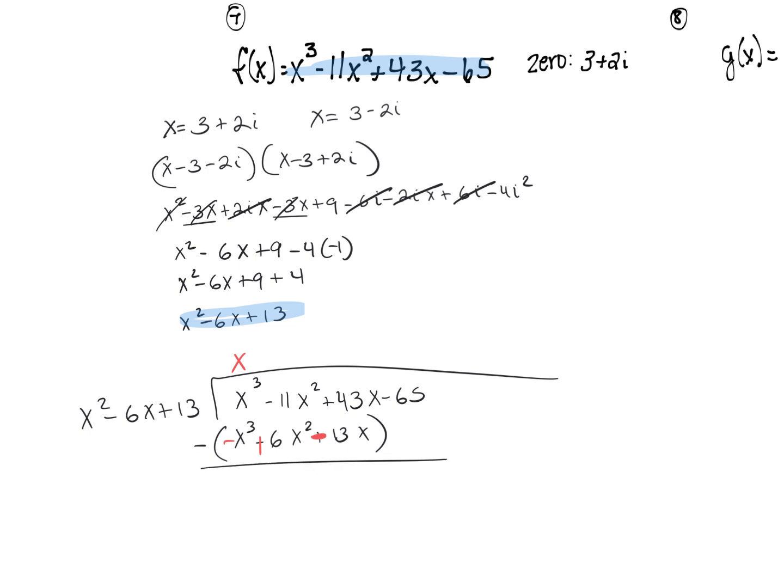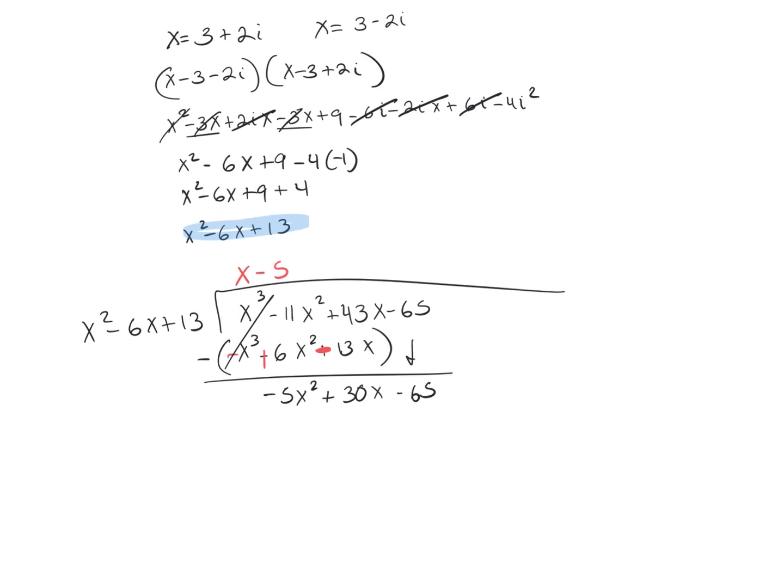The x cubes cancel out. This is going to become negative 5x squared. This is going to become plus 30x, and I can bring down the 65. So negative 65. Now the second thing I want to do is multiply by negative 5.